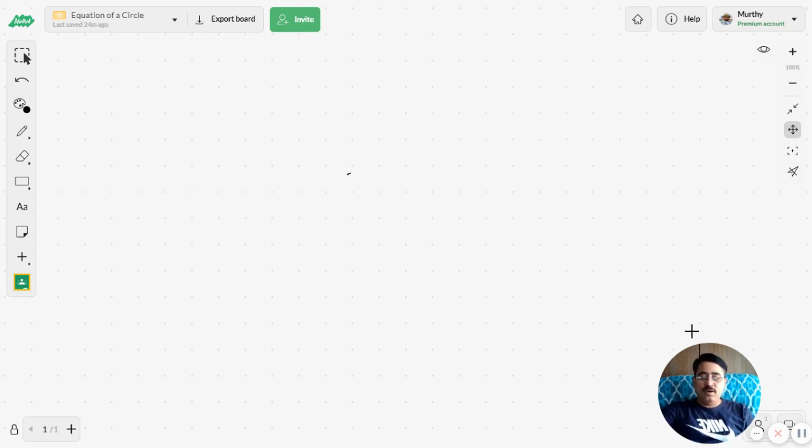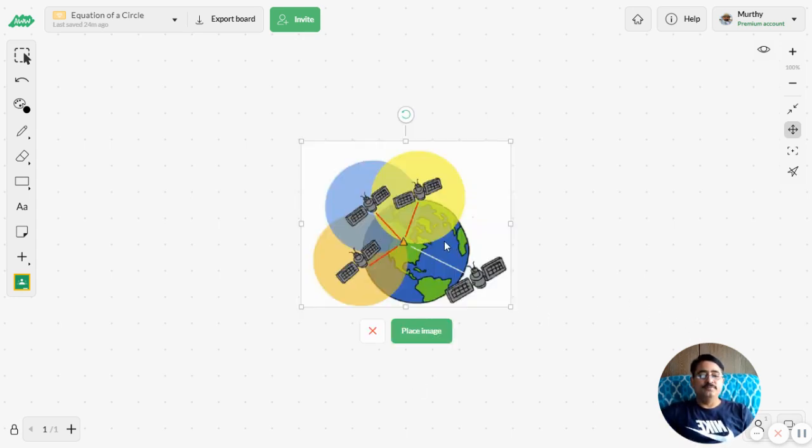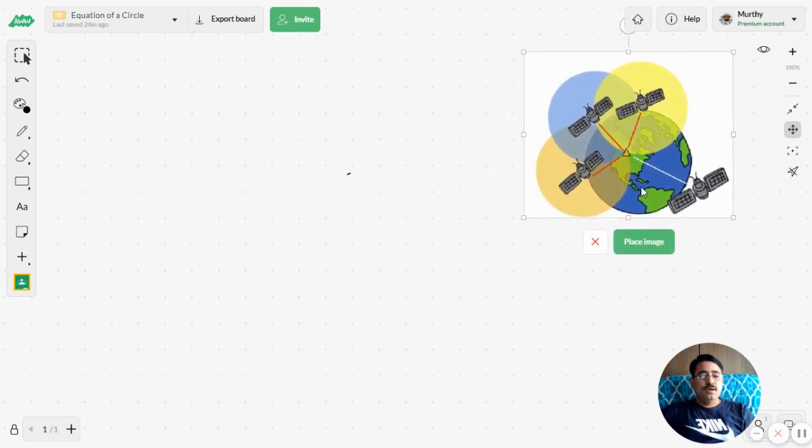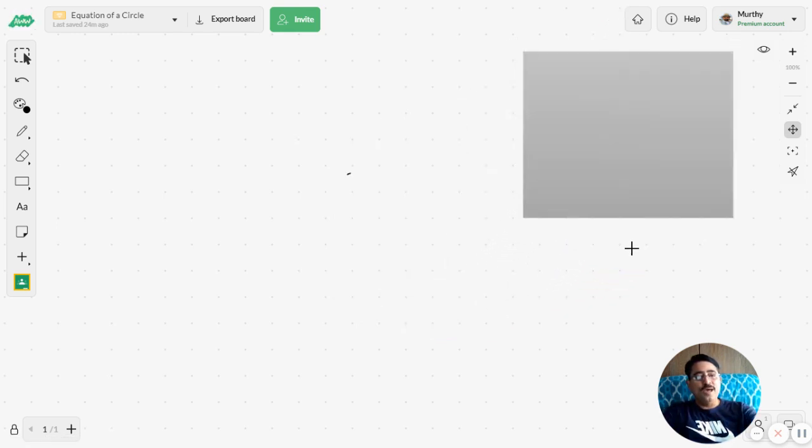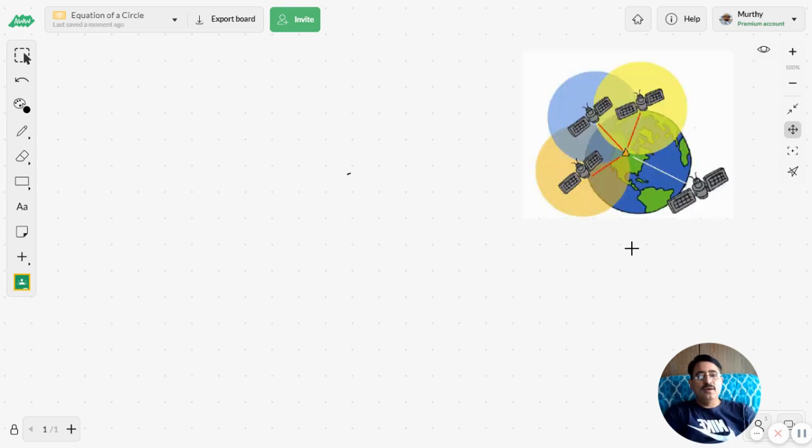So let me copy a diagram. Let's say that when you're traveling, there is a satellite here. I'm not really good, but let me try to draw the figure of a satellite. This is the GPS system, which is the Global Positioning System, right?